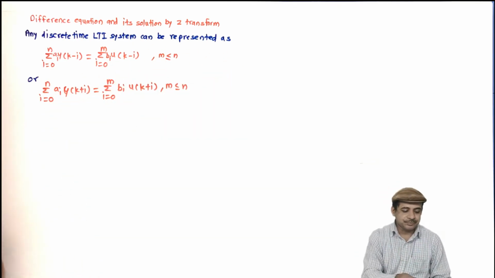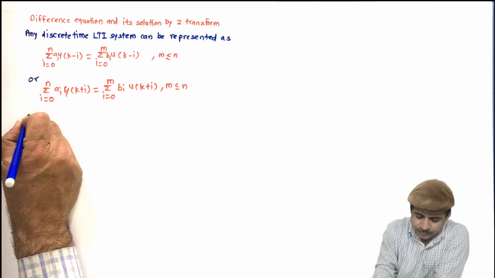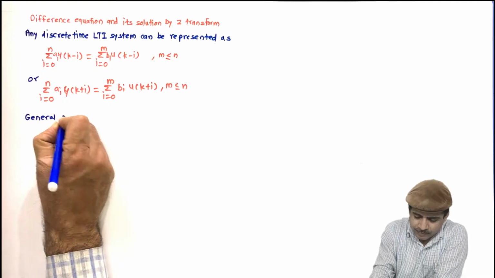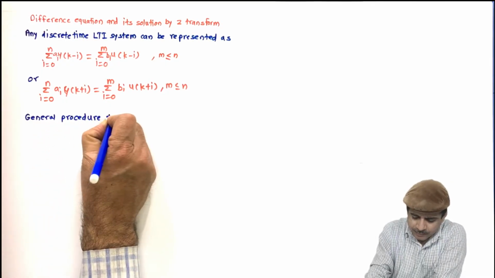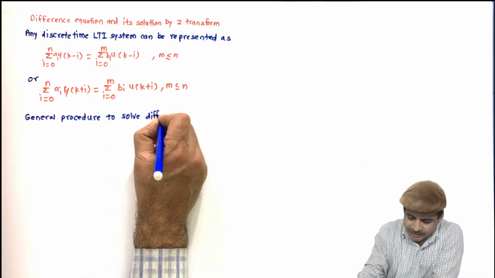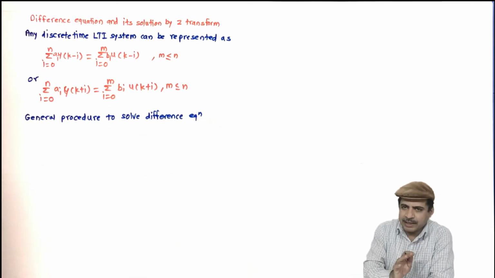So how to do it? I will state the general procedure to solve a difference equation, and this is a linear difference equation, that is why we can apply Z transform.